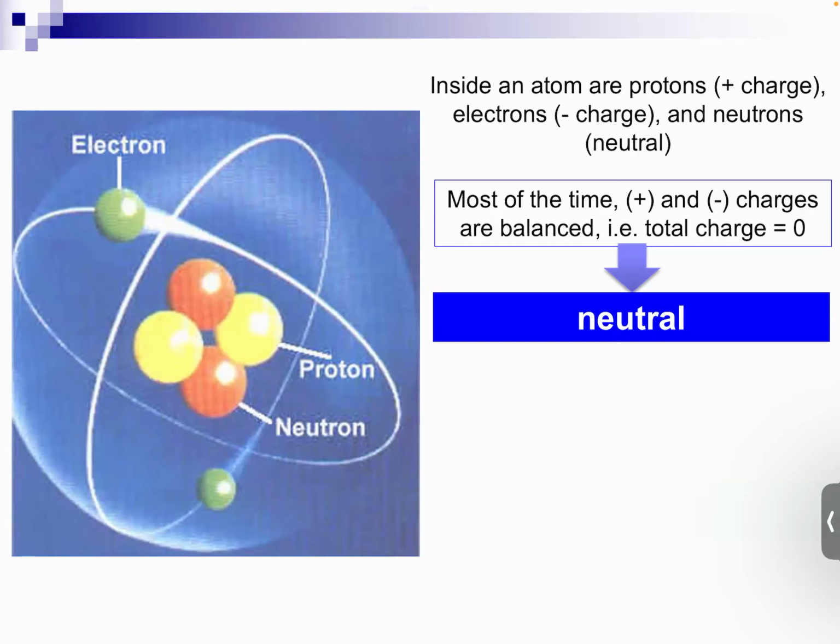That's the reason why objects don't usually attract each other. If I put this balloon, it does nothing. The balloon is neither attracted nor repelled by me because the balloon is neutral. I'm neutral. The balloon has the same number of protons as electrons. I have the same number of protons as electrons.